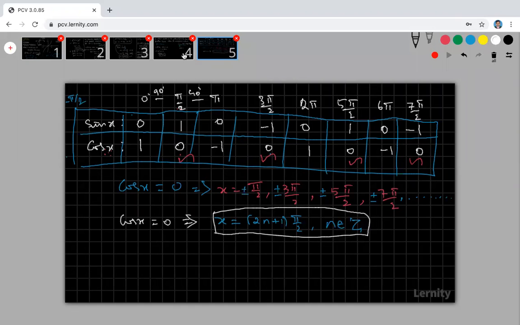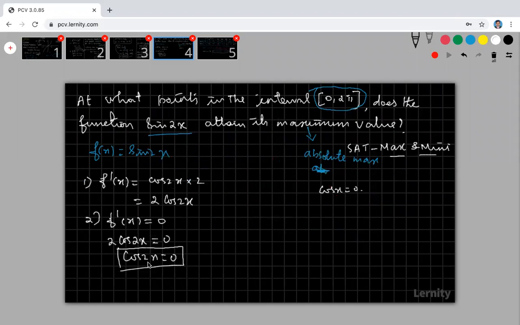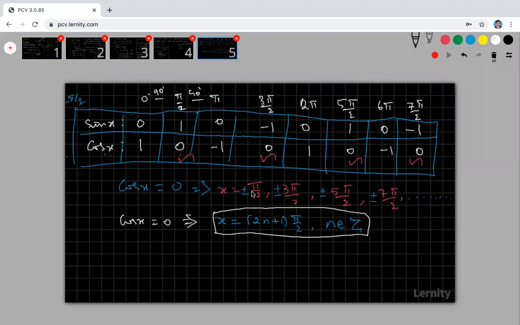So why are you writing this, sir? Look at that. I am getting cos 2x is equal to 0. Okay, cos 2x is equal to 0 means what about your x?